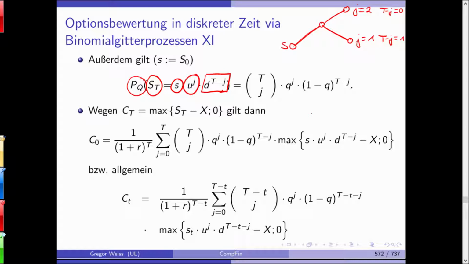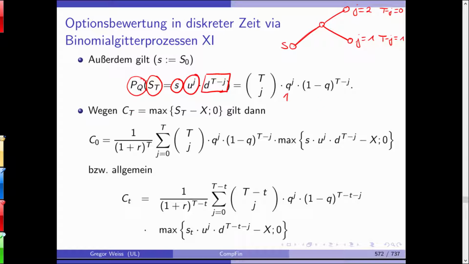We can only go up J times, and if we've gone up J times, we can only go down T minus J times. It's the same as the lottery with black and red balls. If you take out 5 red balls, there are not any red balls left. You can only pull out black balls, for example, and the probabilities change. And those probabilities here are Q and 1 minus Q. So it's a very simple binomial probability.